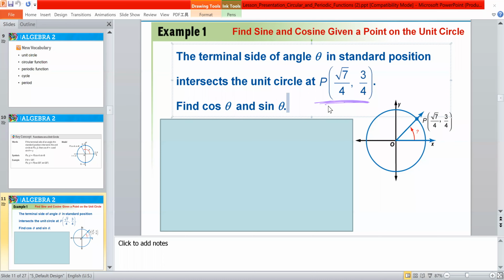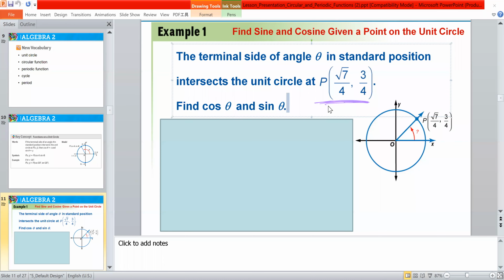Okay. In the unit circle, x is equal to cosine theta, and y is equal to sine theta. So if I want to find cosine theta, do I want to find x or y?